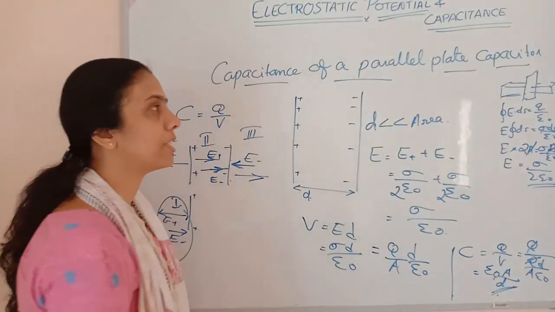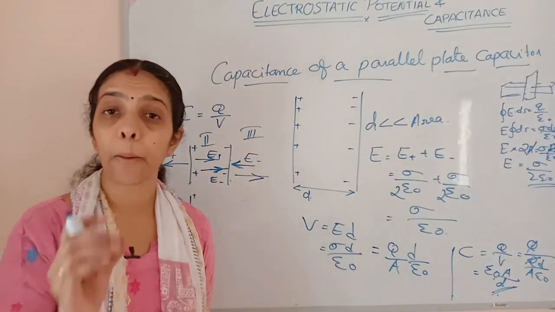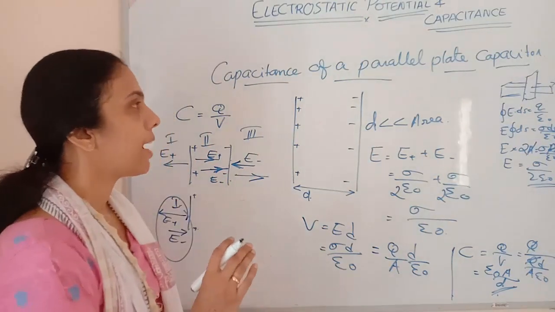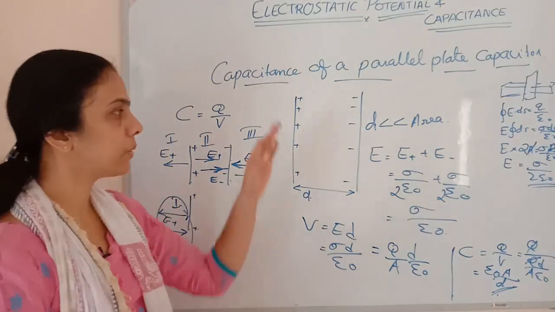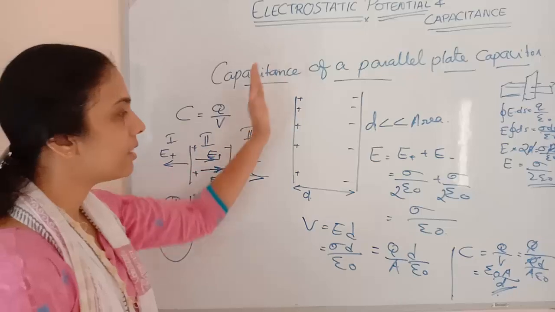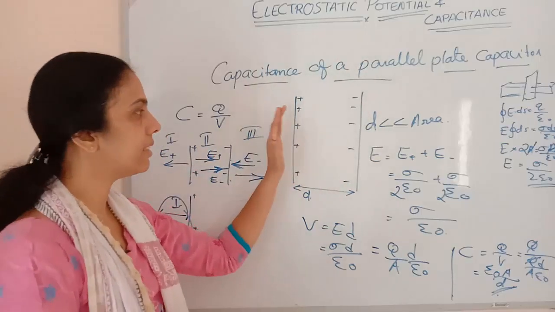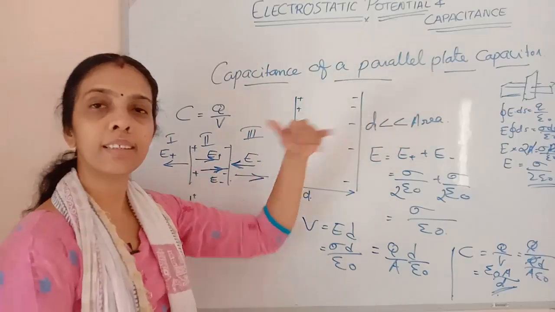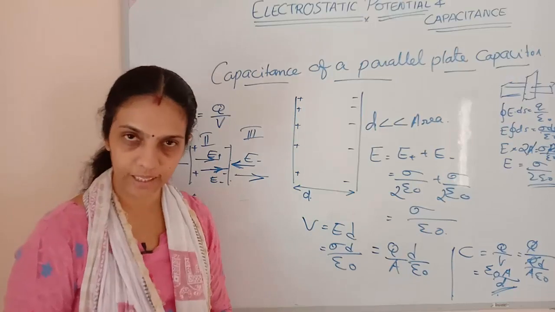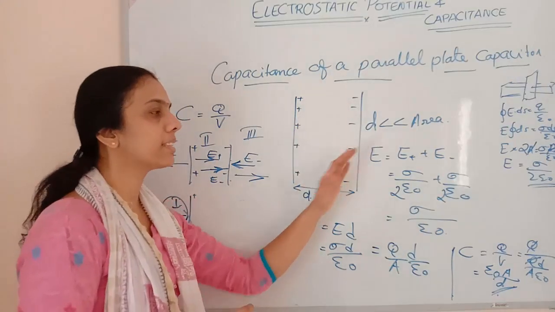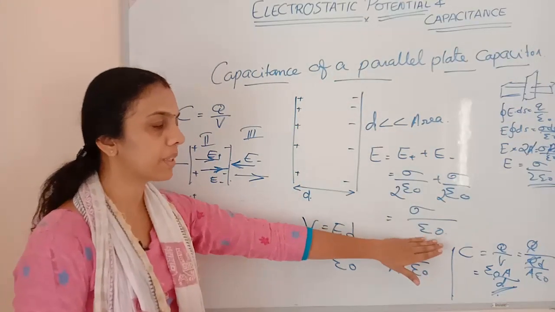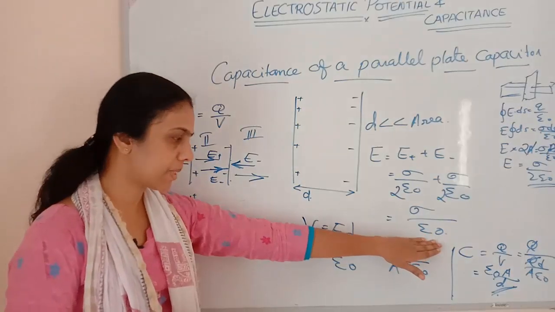This is the expression for the capacitance of a parallel plate capacitor. Understood? So these are the two parallel plates, and on the left side and right side the net electric field will be 0. Inside, both electric fields add together and we get sigma by epsilon 0.